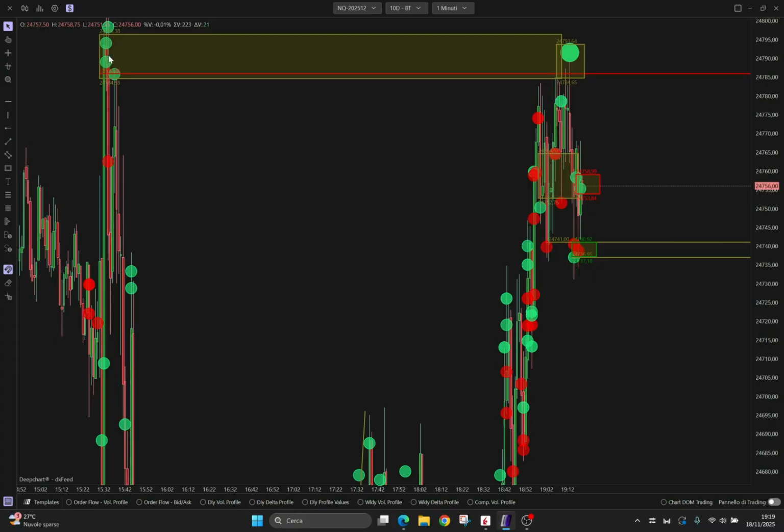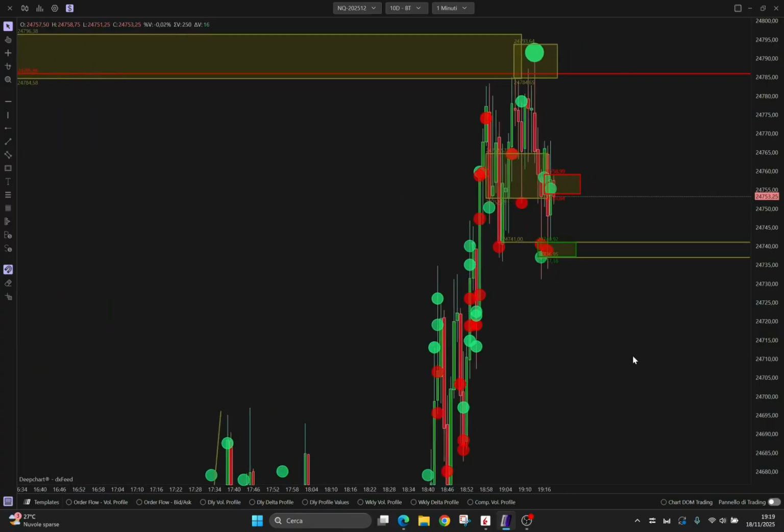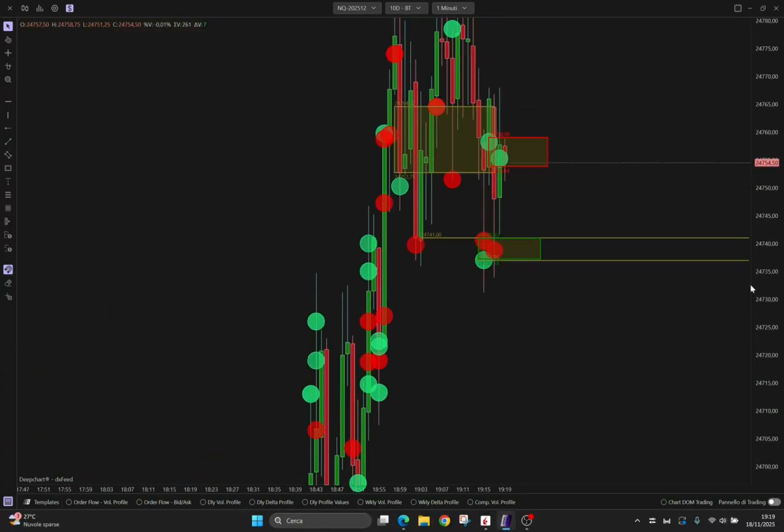Perfect. At the same point, we know that buyers are protecting this level. Perfect. What is the piece of information of the puzzle that we can use? The piece of information that we can use is that if this level gets wrecked, okay? If this level gets wrecked, we can collapse down.